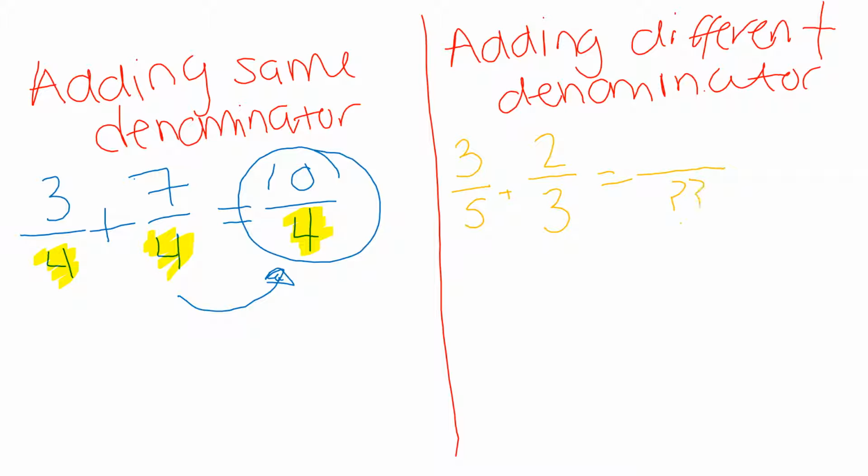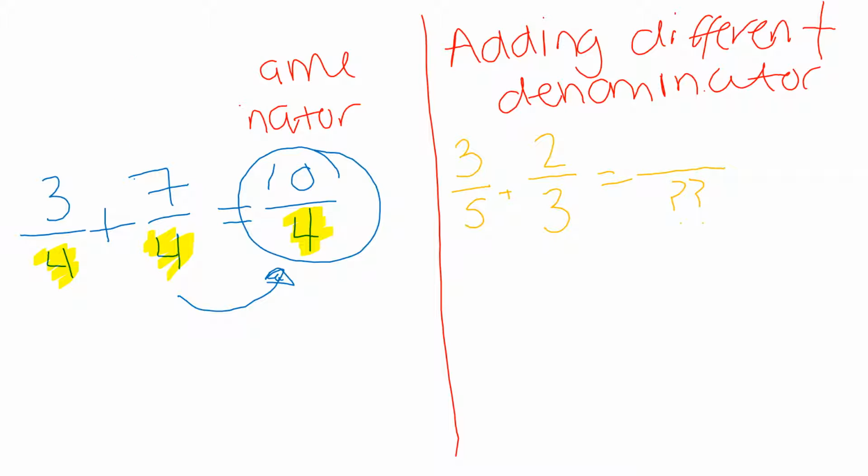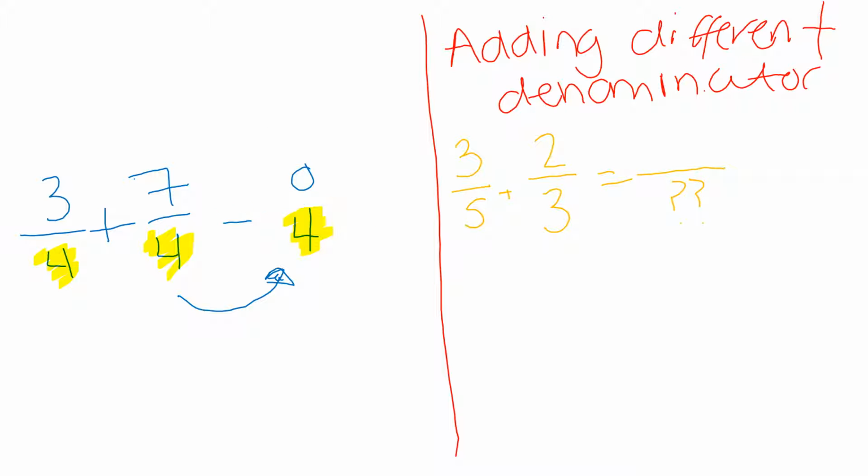So now we're going to use our skill of cross multiplication in order to figure out what kind of denominator we're going to have, and a couple other key concepts. So I'm going to erase our adding the same denominator side to write out the steps of what we'll be doing for adding different denominators.